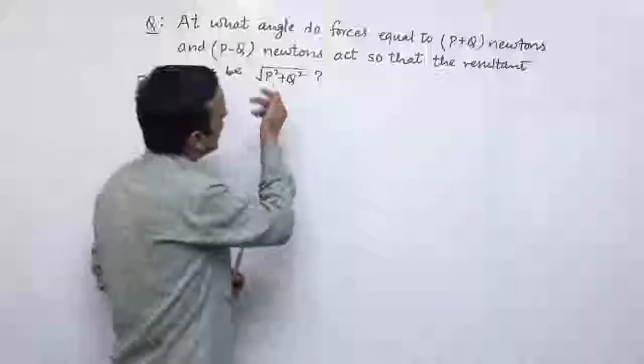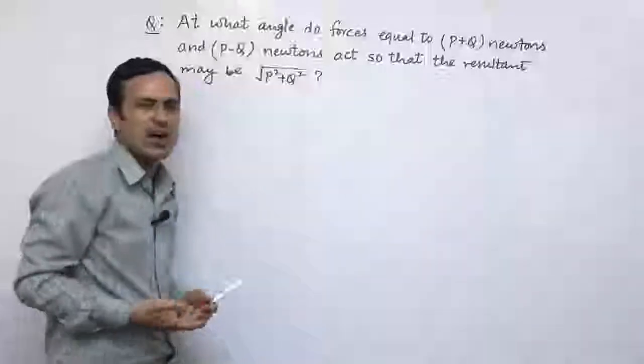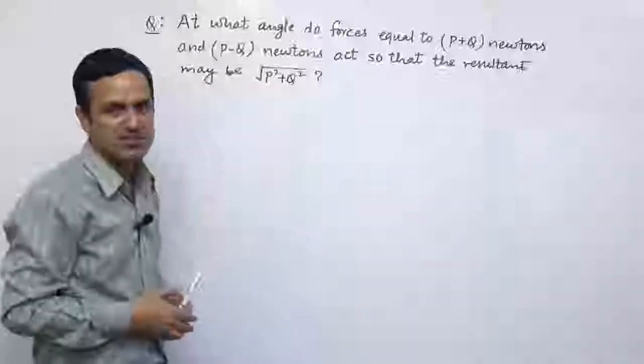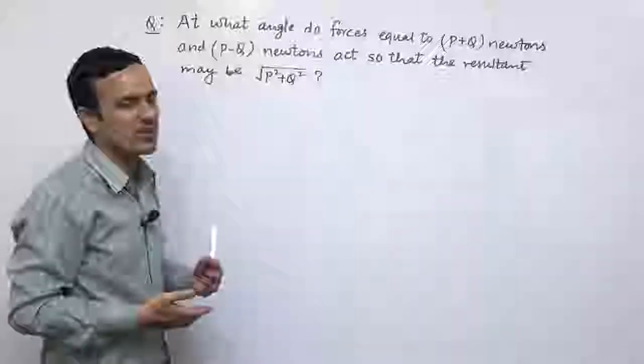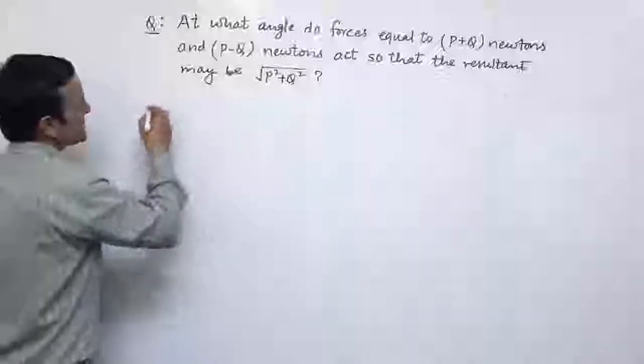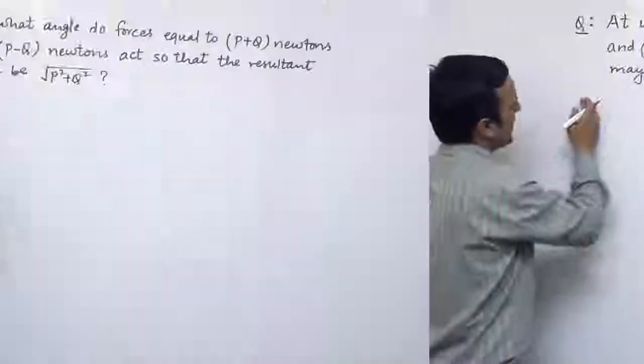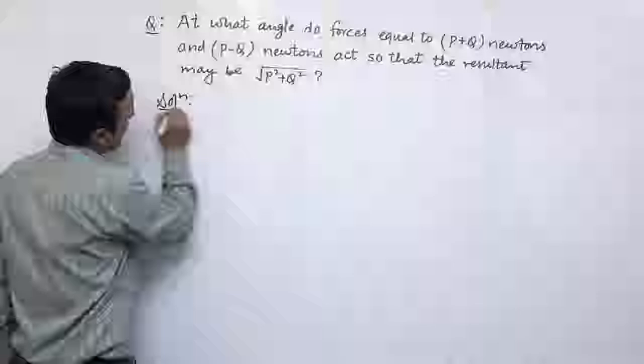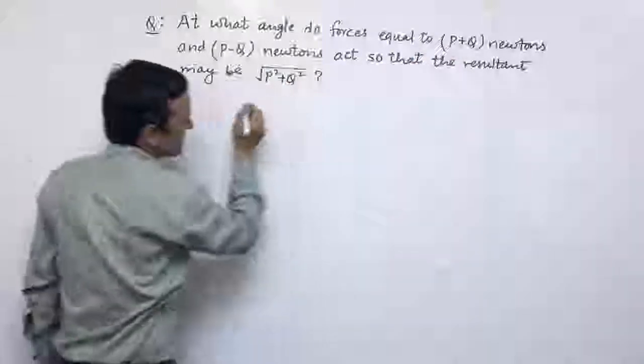So let's find the angle by using the formula of resultant of two forces. If we use the formula for the resultant of two forces, the angle comes automatically. So let's use this formula. Now we can solve it by taking this data.